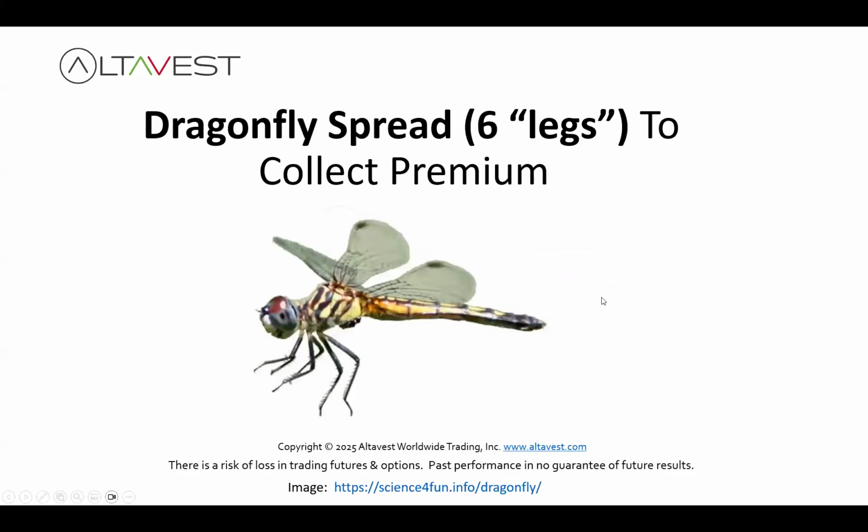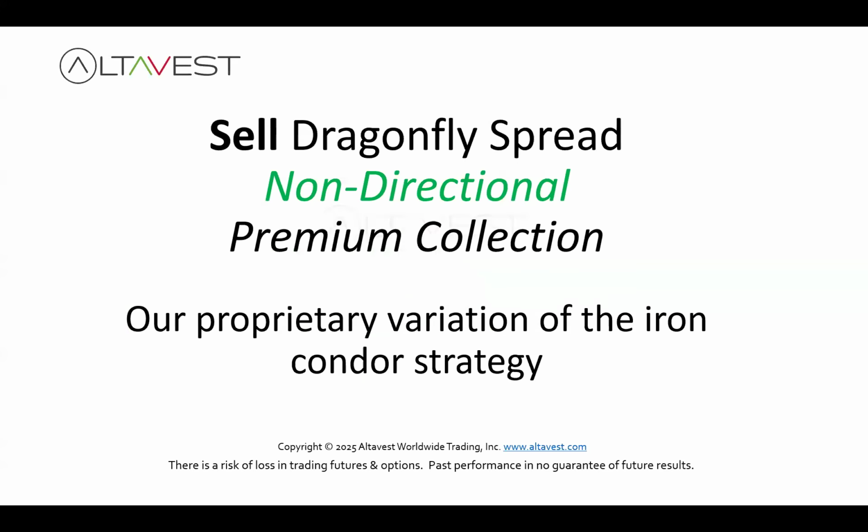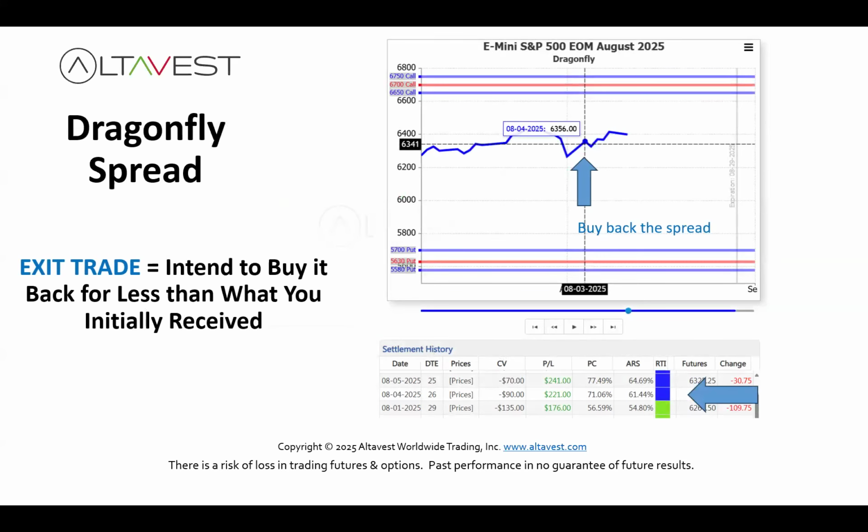And here's a special strategy we developed, and we called it the Dragonfly. Kind of a clever name. It's a non-directional strategy, and it's a variation of the Iron Condor strategy. So what you do here is, and again, I'll show more detail, you sell a call spread, and at the same time, you sell this put spread, and you can see the market here kind of chopping around.